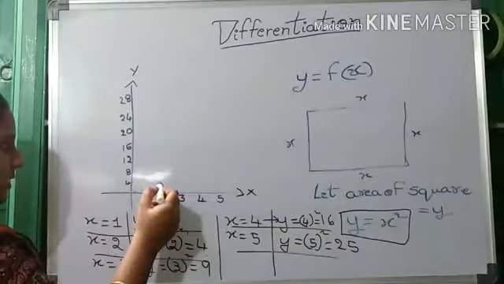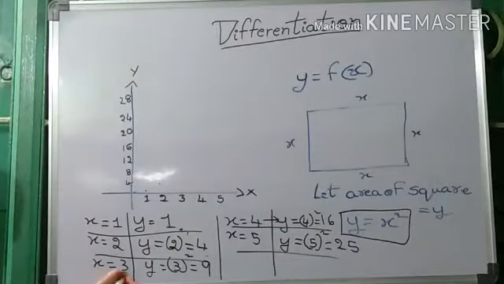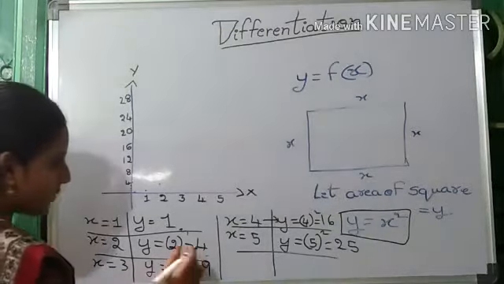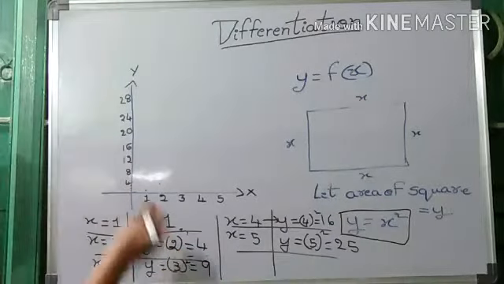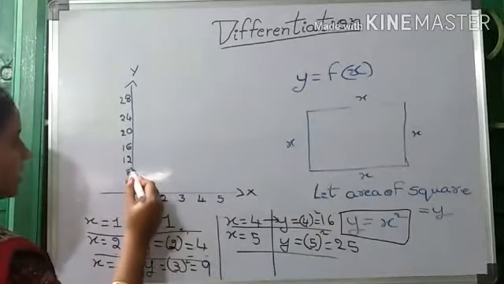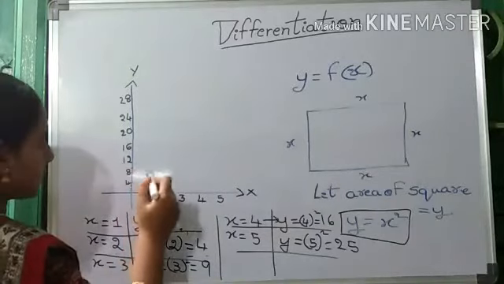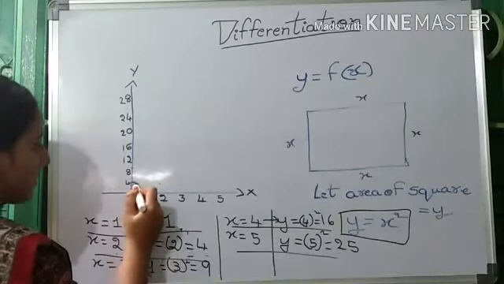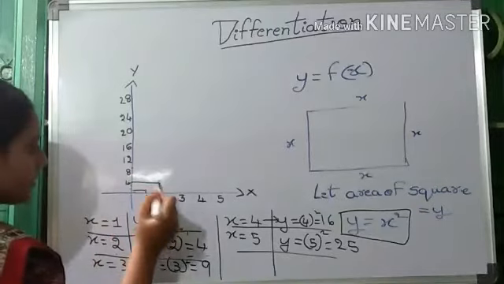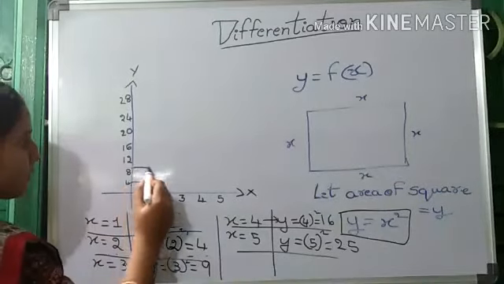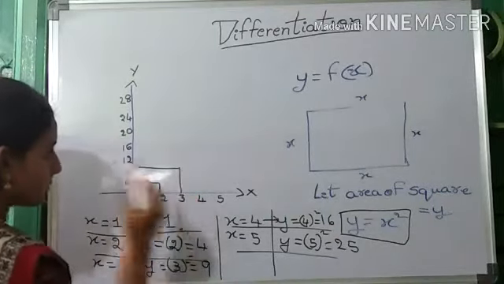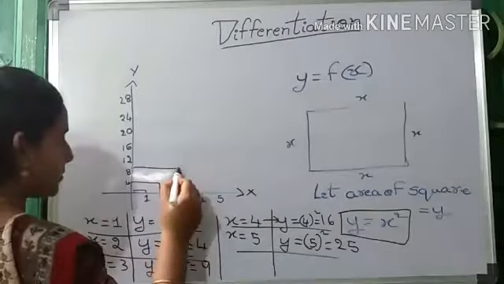So let us plot a point like this. If x is equal to 3, then y is equal to 9. Then let us plot a point like this, just above 8. This is one point, this is one point, and this is one point.